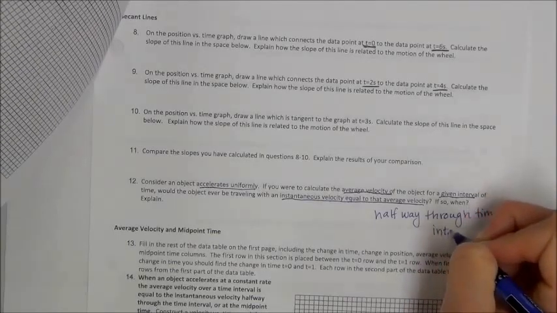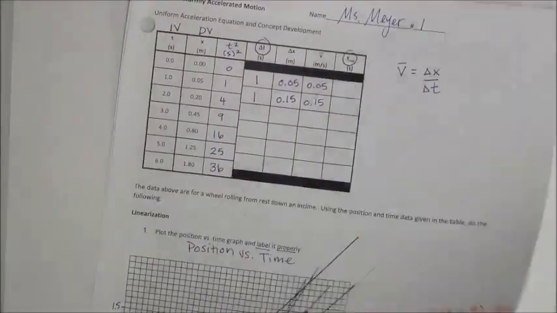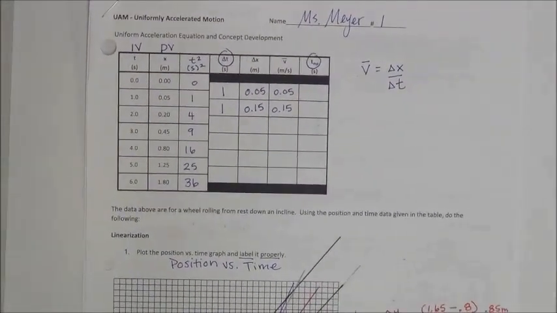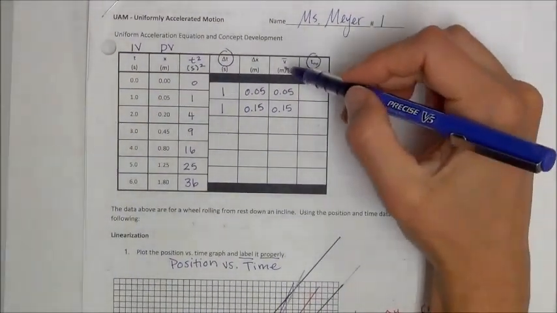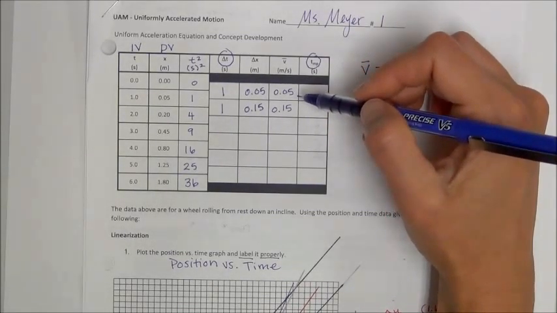And you should have seen that when you did the secant lines. So we need to figure out when the object is traveling at 0.05 meters per second.